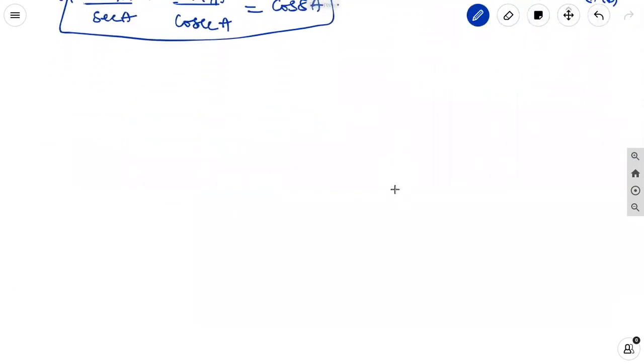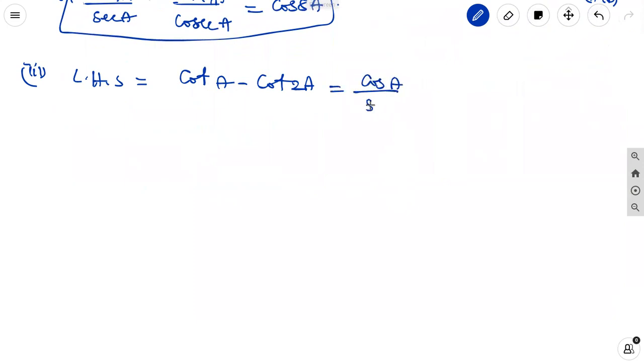Third one. LHS is equal to cot A minus cot 2A, which is equal to cos A by sin A minus cos 2A by sin 2A.